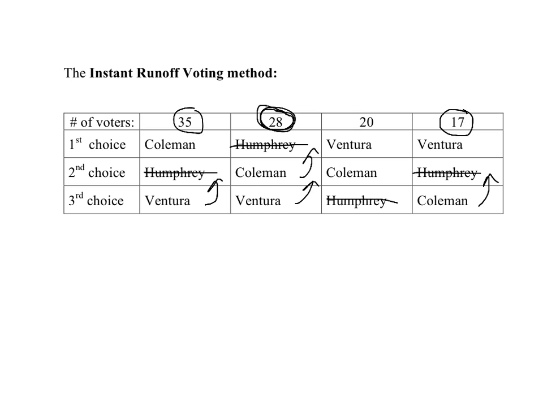So as a result, in the new version, you've got 35 ballots that say Coleman first, Ventura second, another 28 ballots that say Coleman first, Ventura second, 20 that say Ventura first, Coleman second, and 17 that say Ventura first, Coleman second.